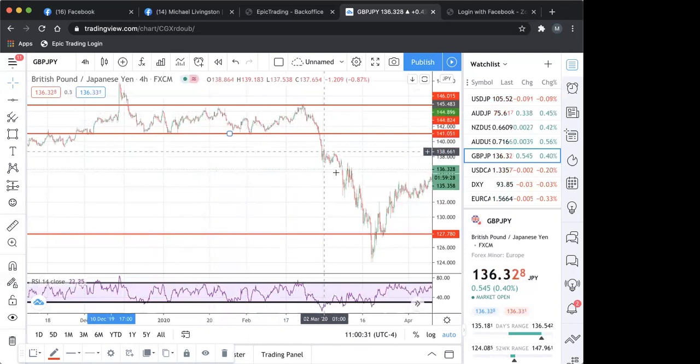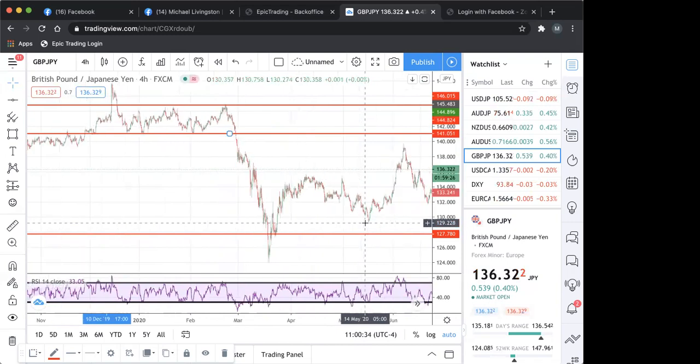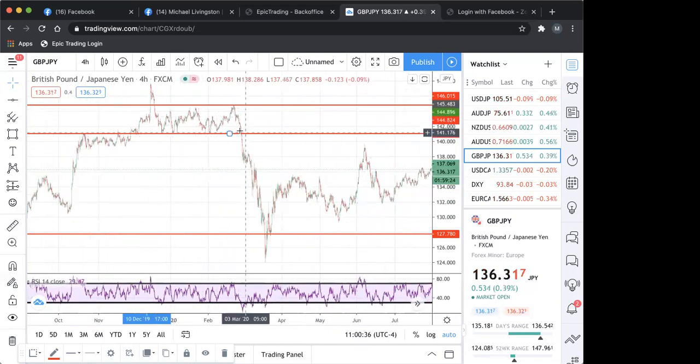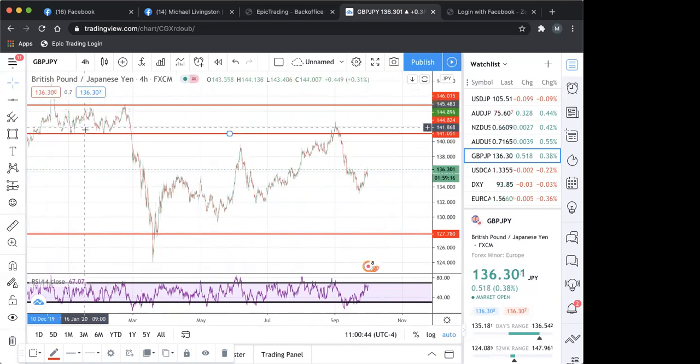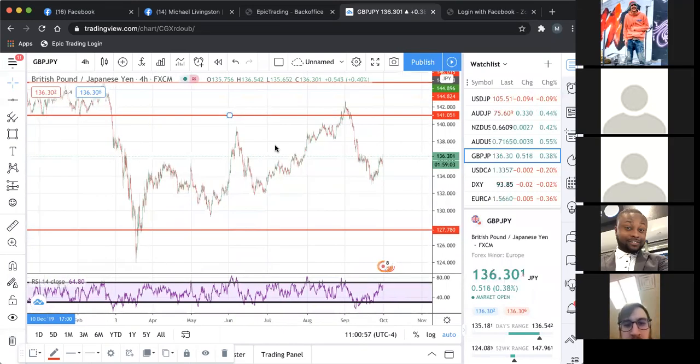As you can see, it just plummeted after it broke through the support, your floor. Then it kind of respected its old support and resistance. The past represents the future so many times. That's how we're able to foretell the future, because the past represents it a lot of the time.